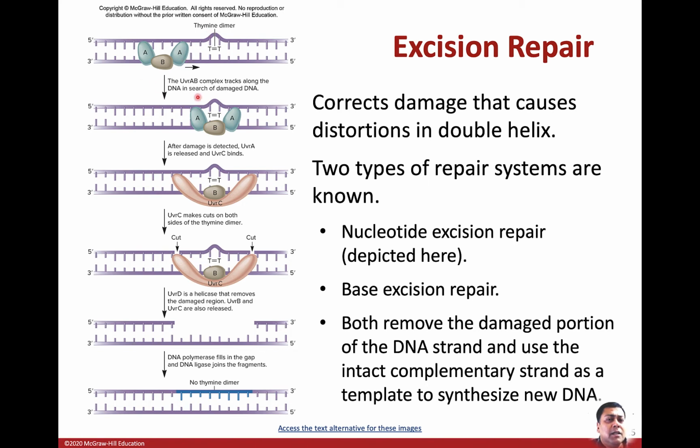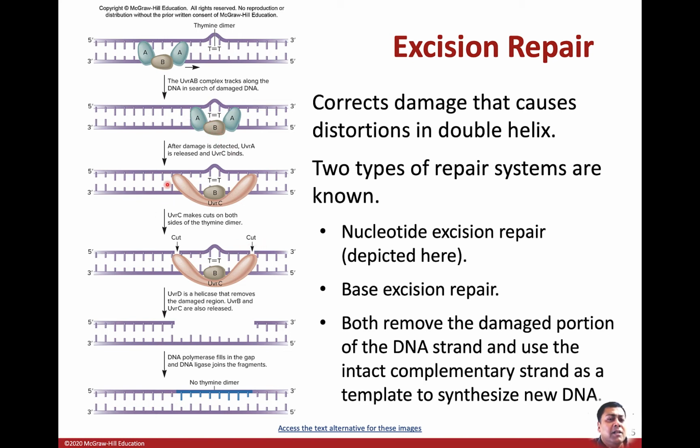Here, the UvrAB complex scans the DNA for any kind of distortion. When it finds a distortion, UvrAB will bind to this distorted portion of the DNA, and if the damage is detected, the UvrAs are going to be released, and only the B stays there.